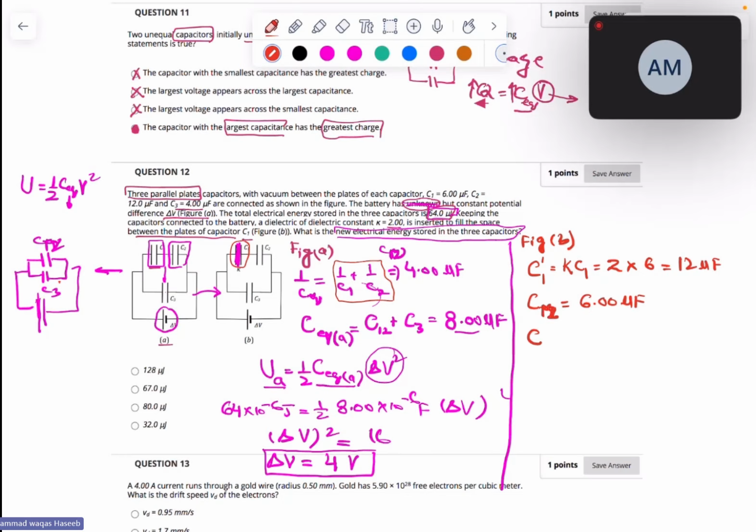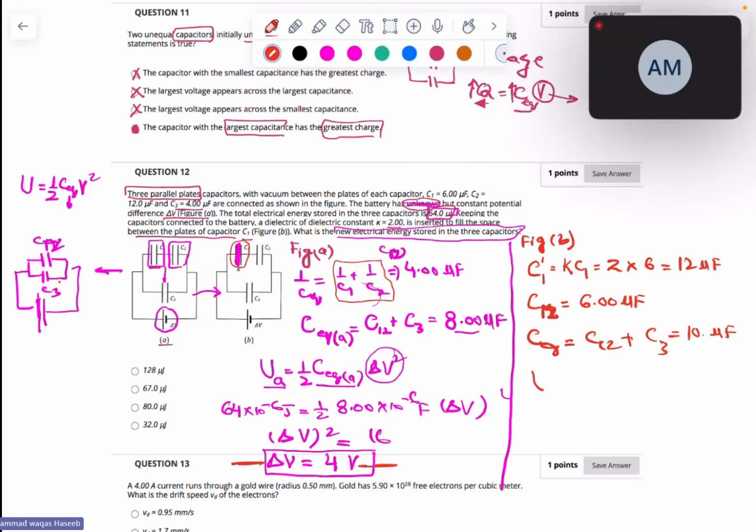This is C12, and then the equivalent capacitor will be C12 plus C3, and you will get 10 microfarad. Now we know the potential difference of the battery.